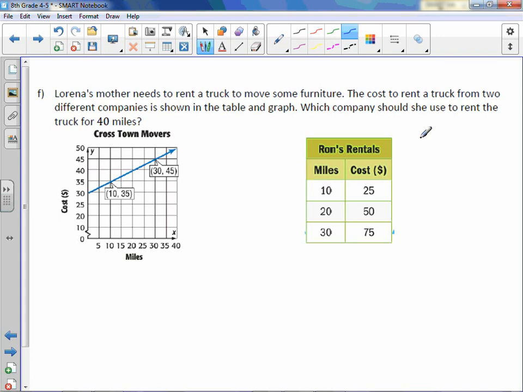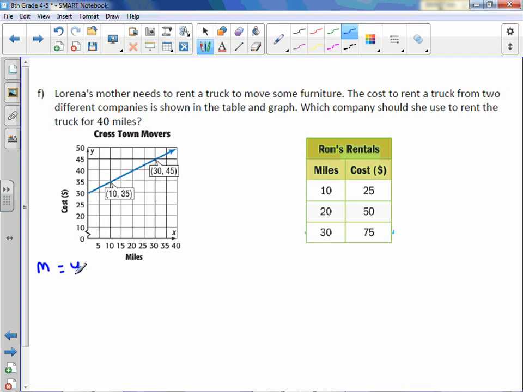Letter F. Lorena's mother needs to rent a truck to move some furniture. The cost to rent a truck from 2 different companies is shown in the table and the graph. Which company should she use to rent the truck for 40 miles? Well, let's start with Crosstown Movers. We need to figure out what the slope is. So let's find our slope using our formula.